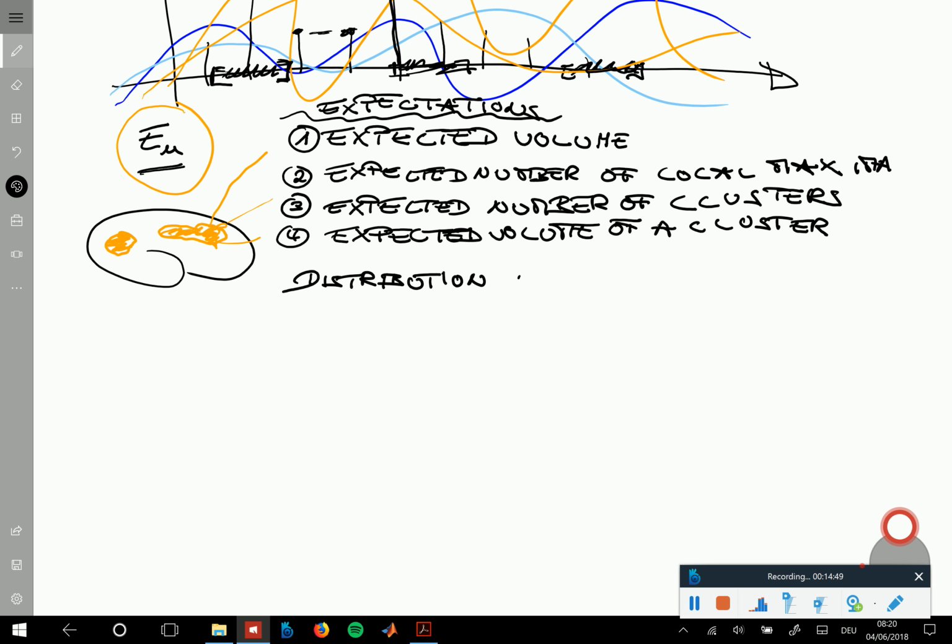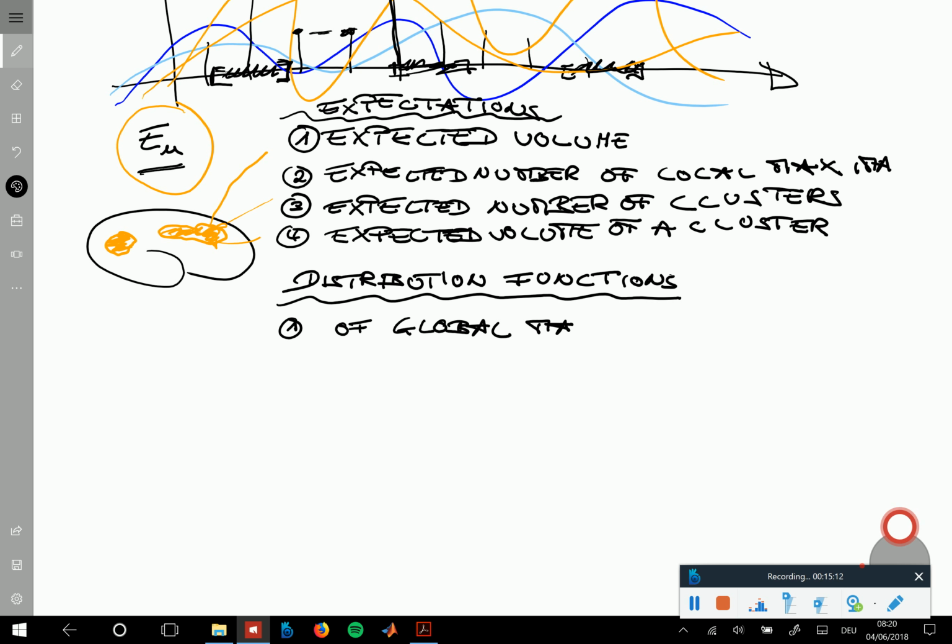So the second part that we have to talk about in terms of probabilistic properties of excursion set features are distribution functions. And here we will have to talk about the distribution function of the global maximum, which is actually the kind of grandfather of this whole approach.